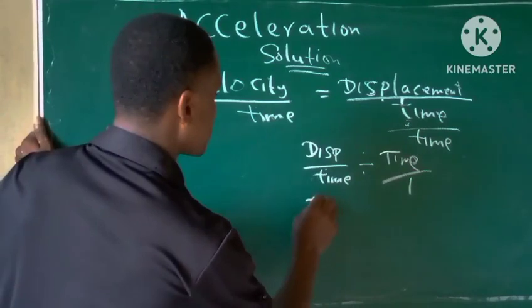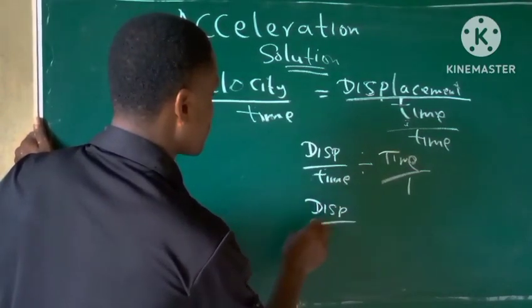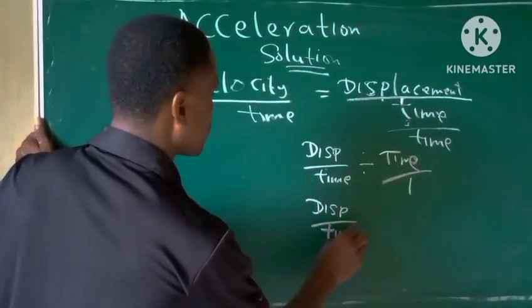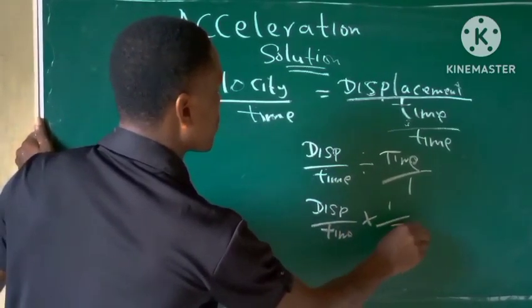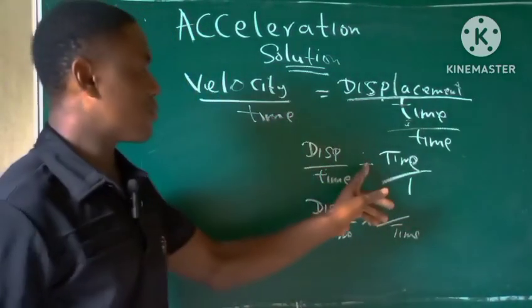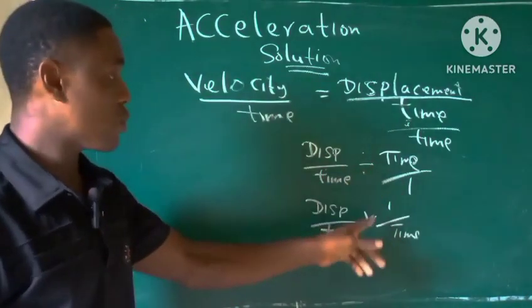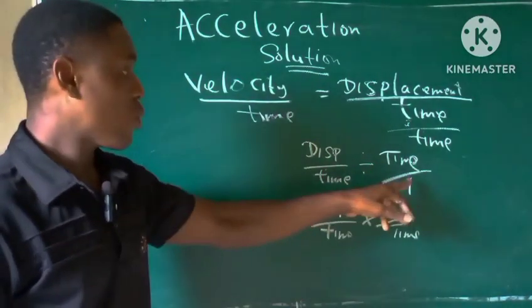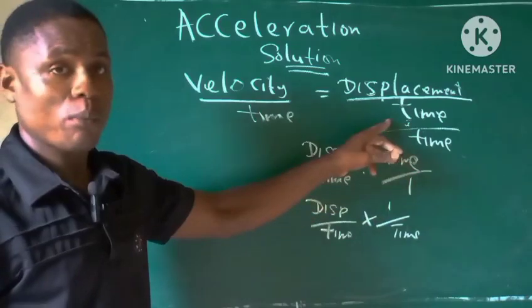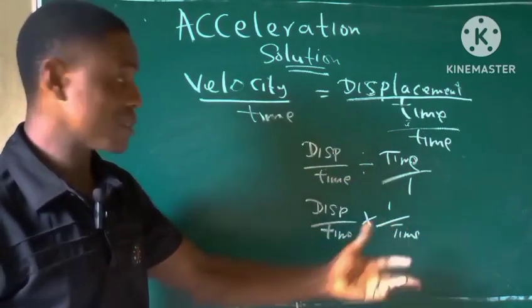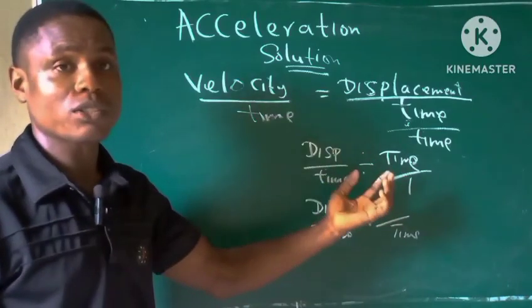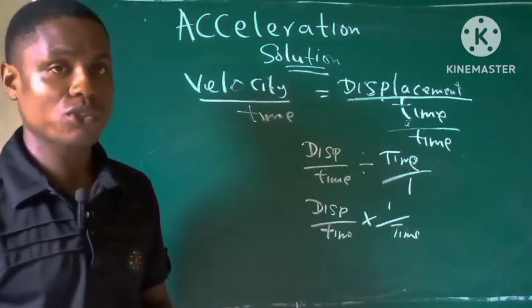So we have displacement all over time multiplied by 1 all over time. This sign of division will change to multiplication once the denominator comes up and the numerator comes down.